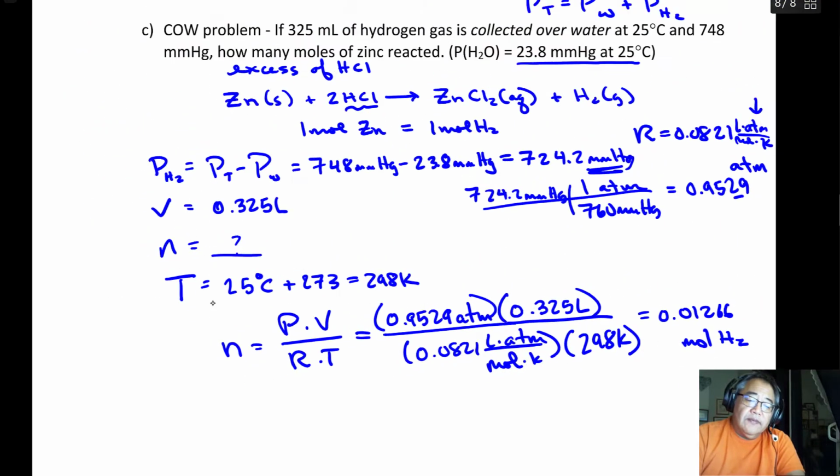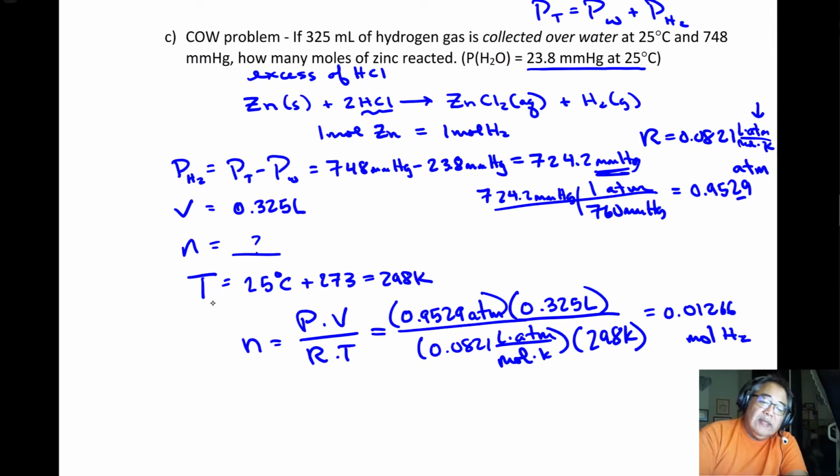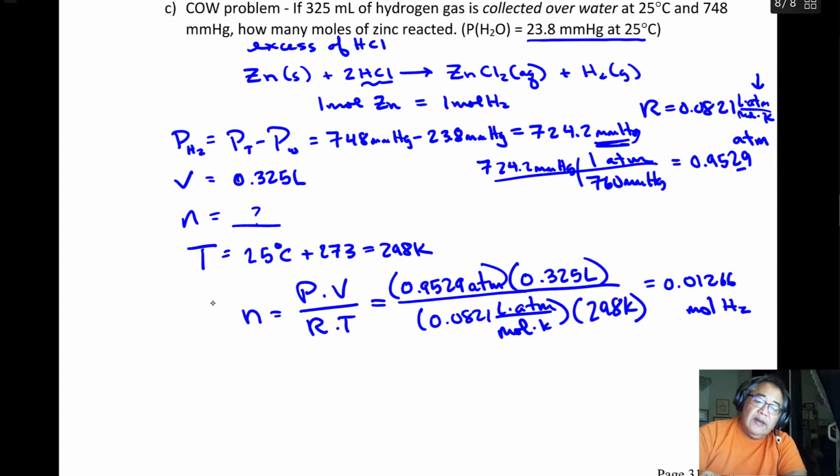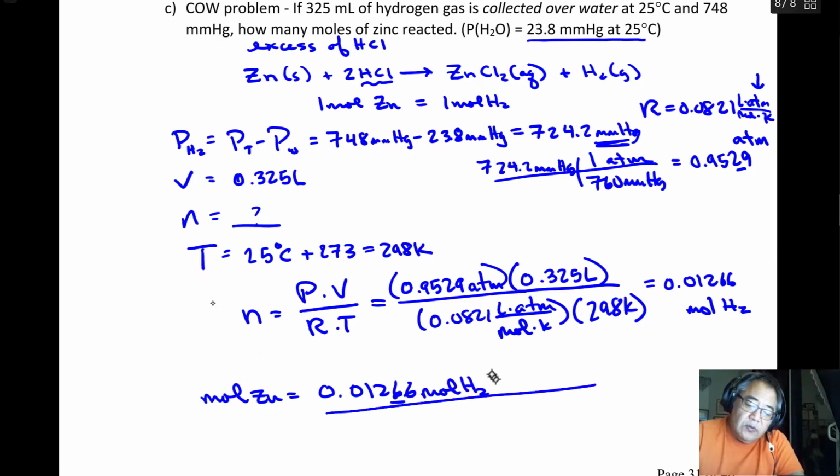All right, now that is almost completely done. If I want moles of zinc, so I'm looking for moles of zinc, and I have 0.01266, 3 sig figs, moles of hydrogen. And I know that there's 1 mole of zinc for every 1 mole of hydrogen.